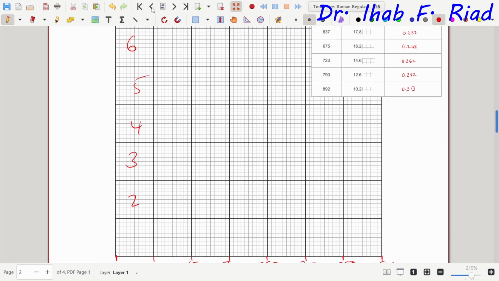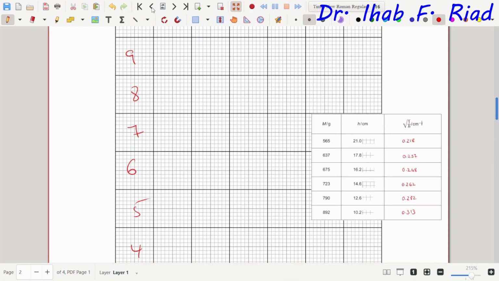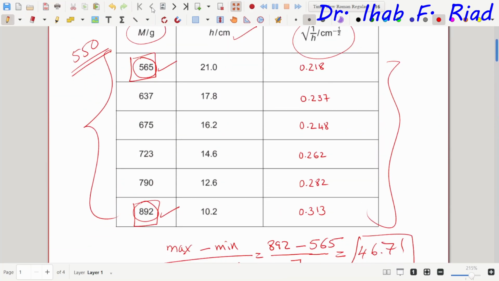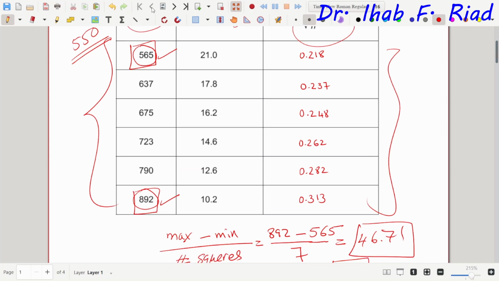Let us go and do the same on the y-axis. If we have a look at the y-axis, we can again check that the values on the y-axis are actually between 0.218 and a maximum of 0.313. If we start from 0, then 0 till 0.218 is going to be an empty part of the y-axis.